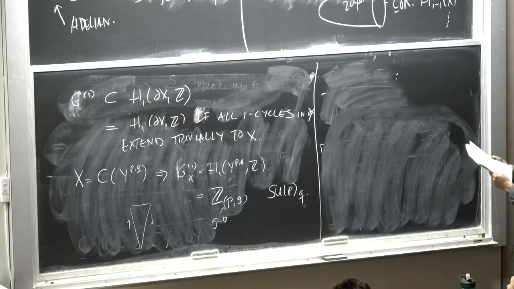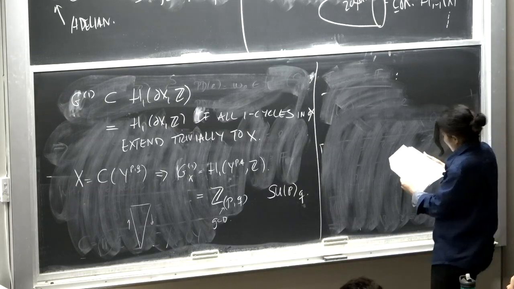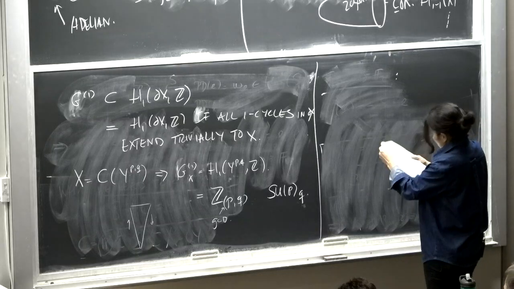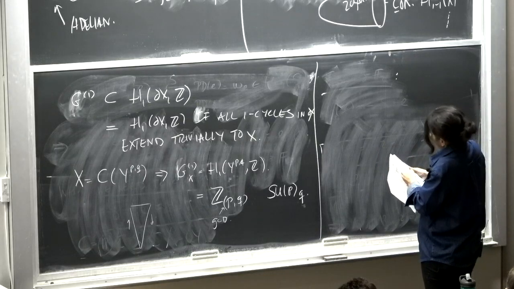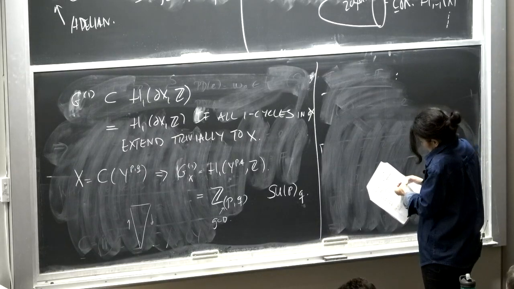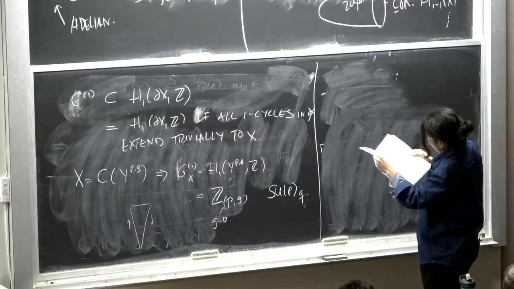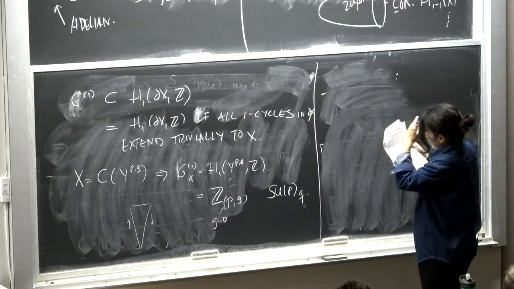Okay, so from the intersection numbers, we can also determine these maps. And in fact, this map F has a very simple interpretation.